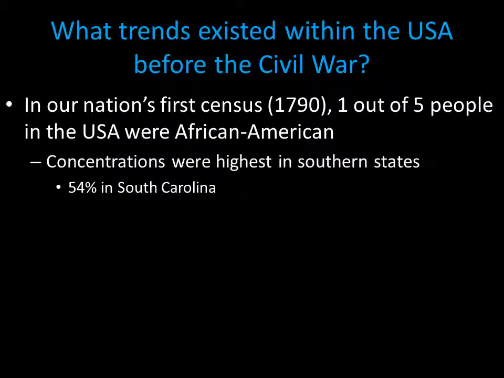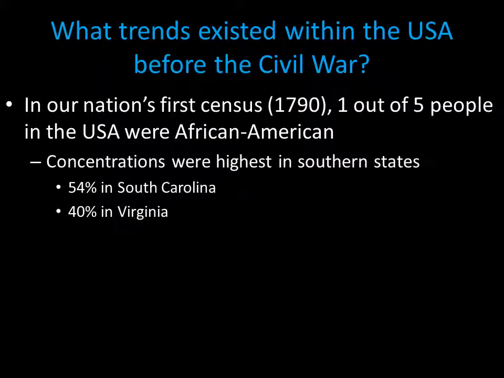What I mean by that is 54% of the people that lived in South Carolina were African American, and almost all of them were slaves. If you think about that for a second, that means that in South Carolina in 1790, there were more African Americans than European Americans.